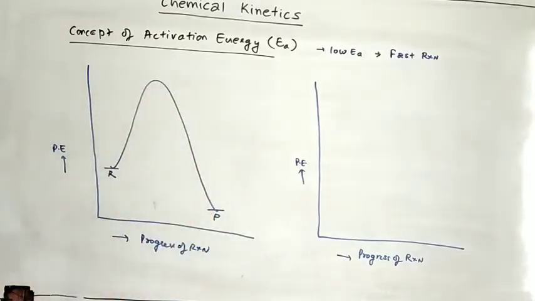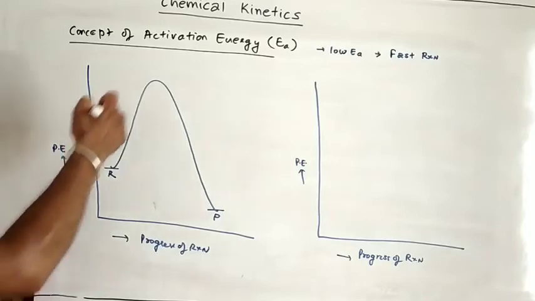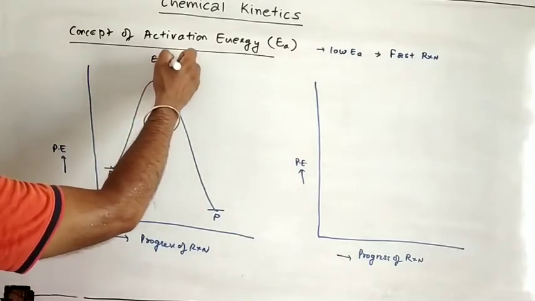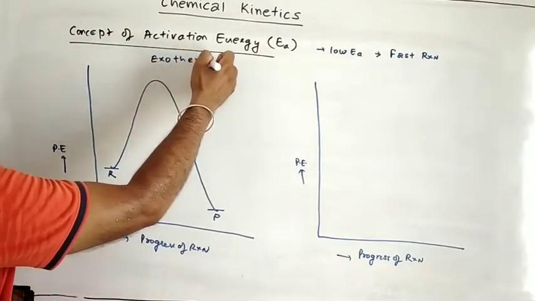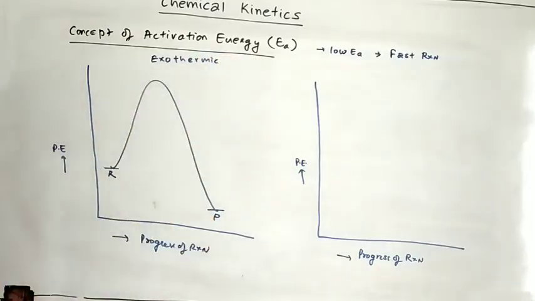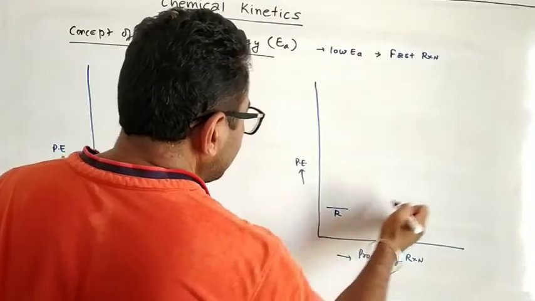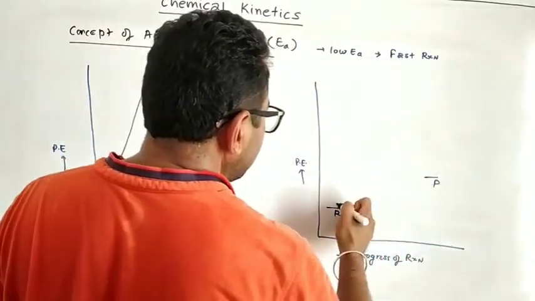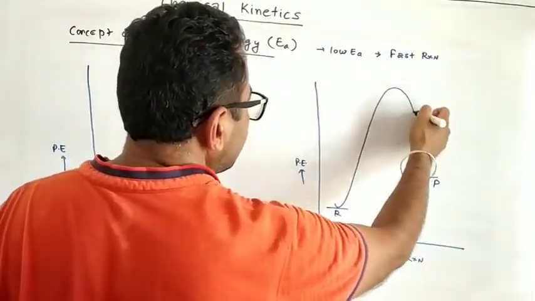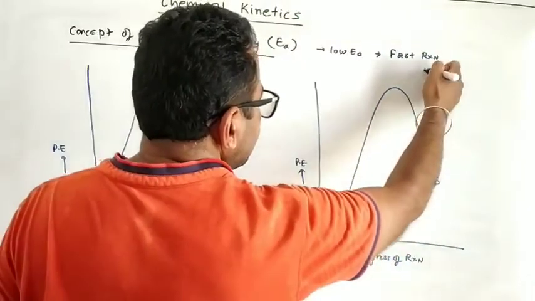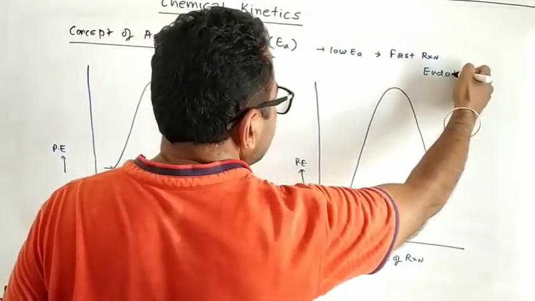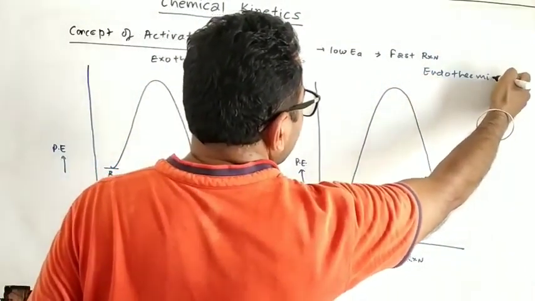Energy of product is less than reactant. It means reactant has lost some energy. So this is for exothermic. Opposite to this is if the reactant is here, product is here. So this is endo. Here the energy of product is more.